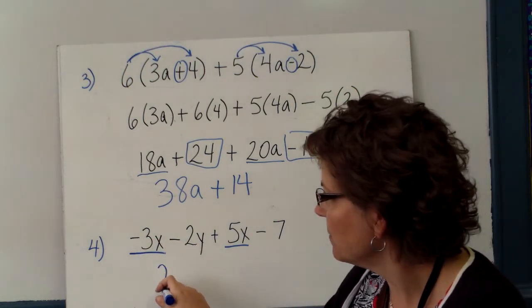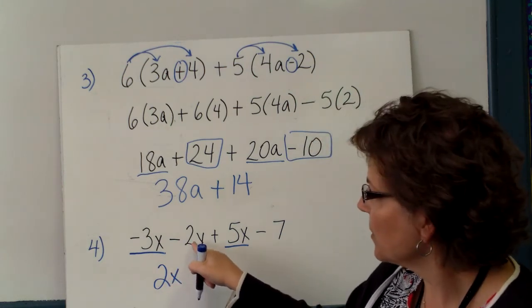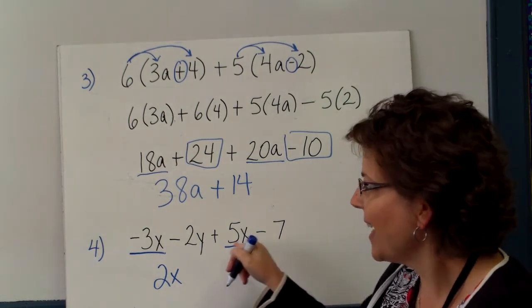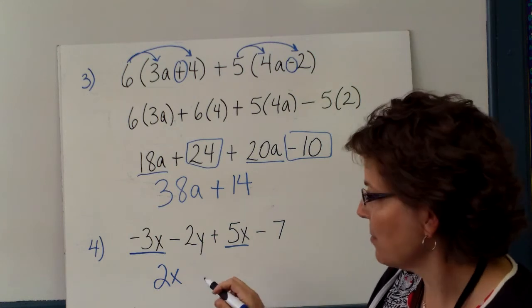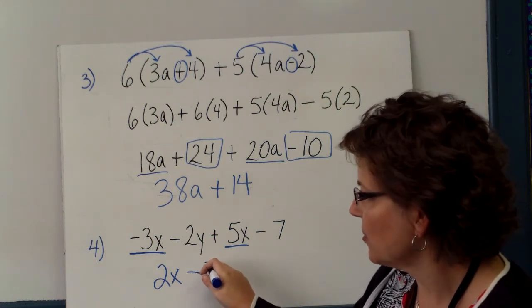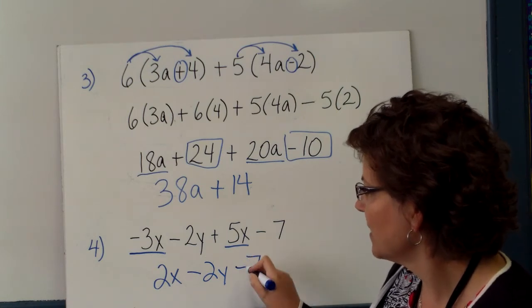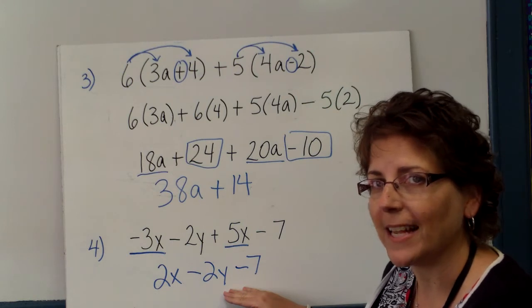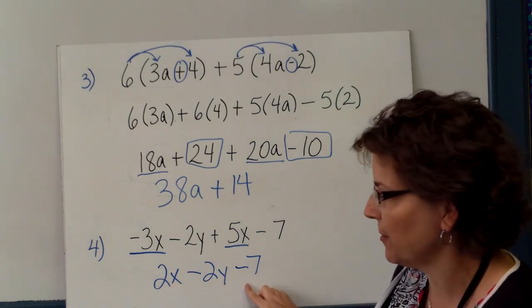That's going to give me 2, and I keep my x. Well, here's a y, and here's just a constant number. I can't combine those. So I just need to write everything else that's in that problem. It's a minus 2y and a minus 7. And this is my simplified answer. It's as far as I can go because I no longer have any more like terms down here.